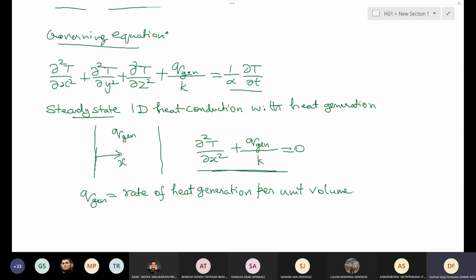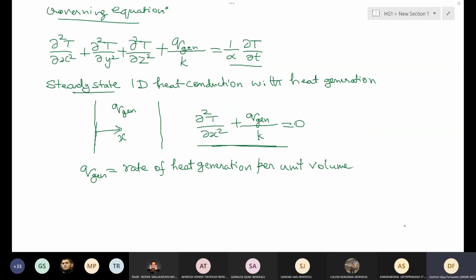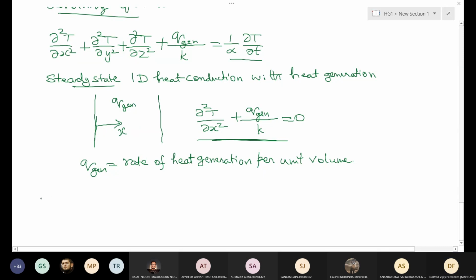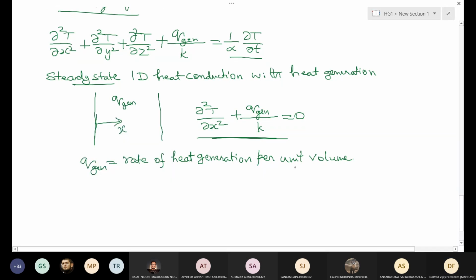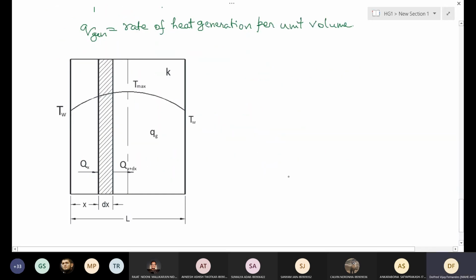So we can also do that. Consider a planar wall, and our coordinate system is attached to the left side of the wall. So x is 0 here, and x equal to L.